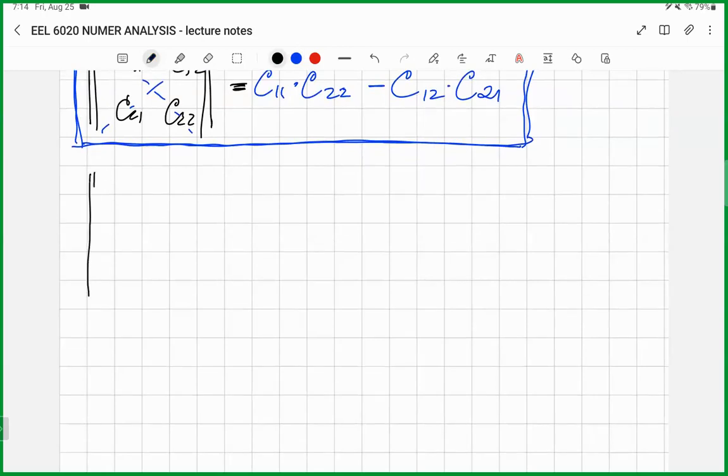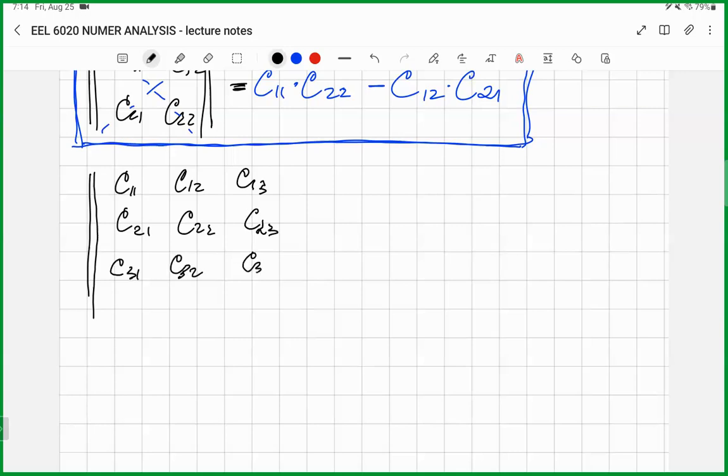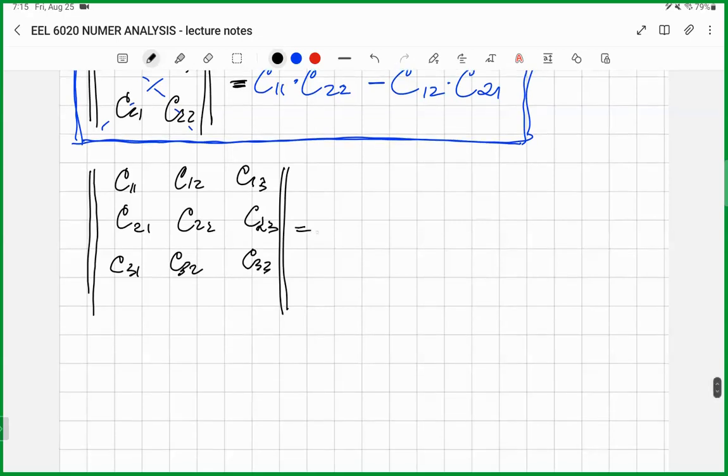So for the determinant with components C11, C12, C13, C21, C22, C23, C31, C32, C33, we use the approach of minors. How does it work? Again, just to remind you.